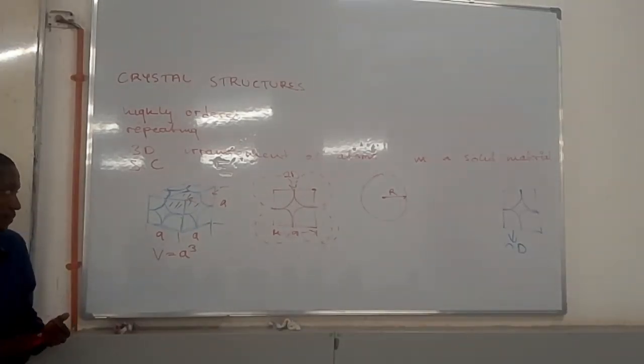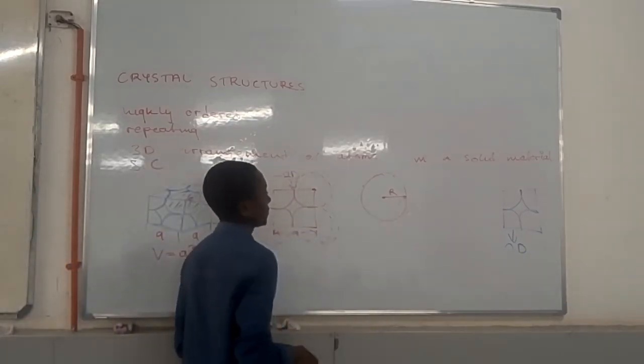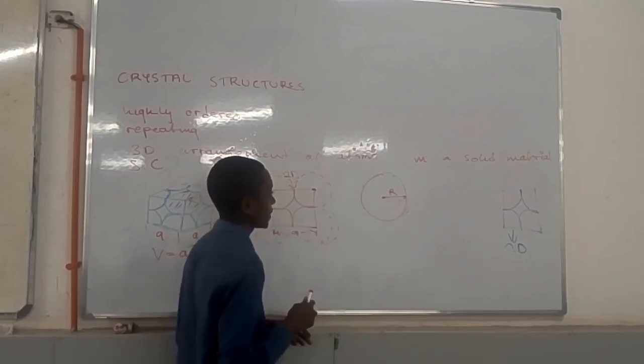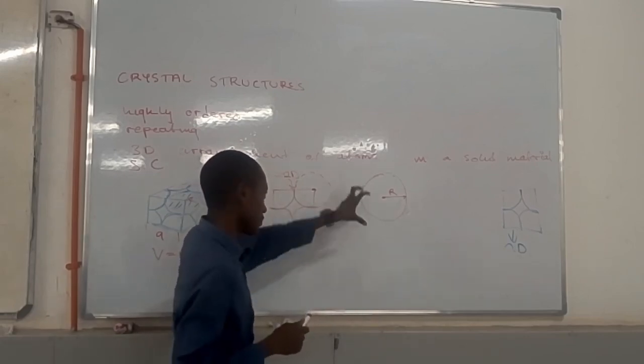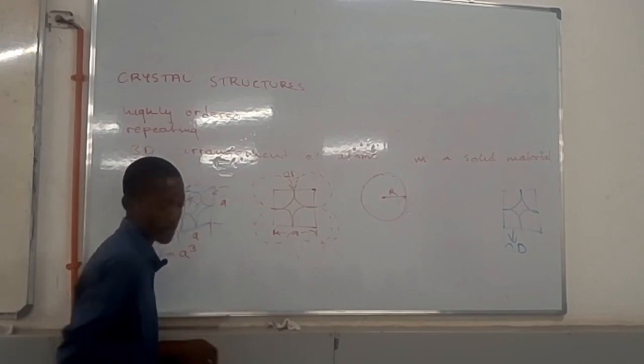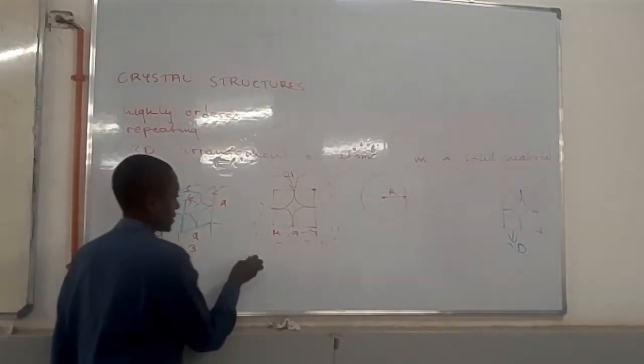Okay. So the distance from the center to the outside of the atom is R, which is the radius of this atom. I don't know if you can see this.